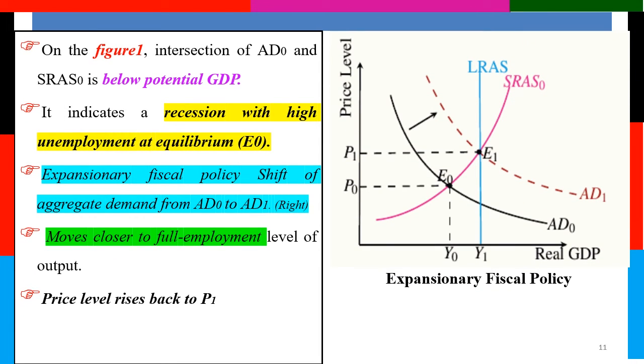Let us see the expansionary fiscal policy graphically. On figure 1, that means this figure, the interaction of the aggregate demand and short-run aggregate supply is below the potential GDP. Potential GDP means the point at which the long-run aggregate supply and aggregate demand cross each other.